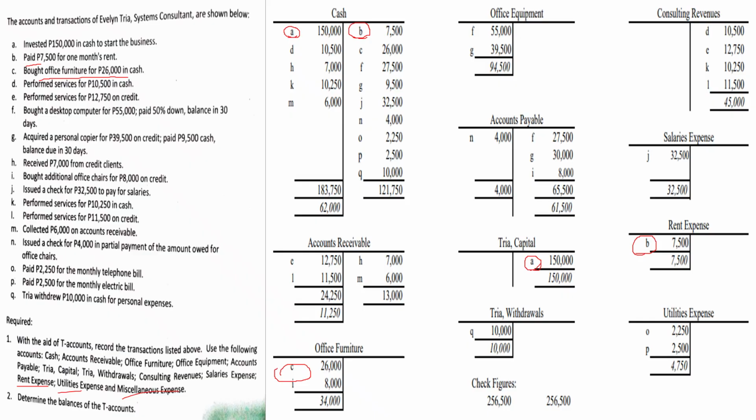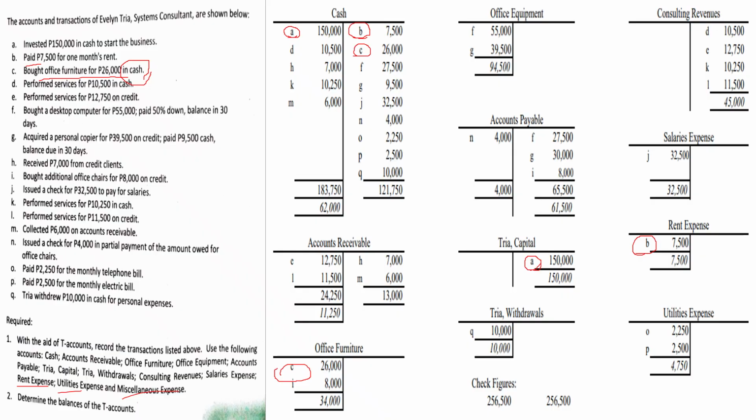And we buy it using cash. So when we buy using cash, our cash will decrease. So when cash is decreased, then cash is reduced. So we credit it. So letter C, we place the decrease in cash on the credit side of the T account.